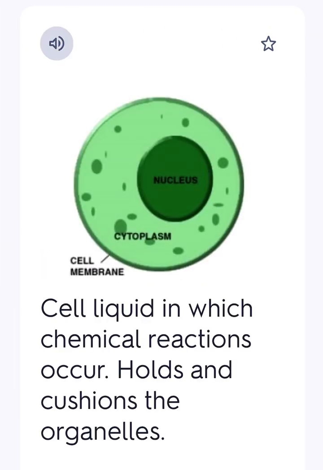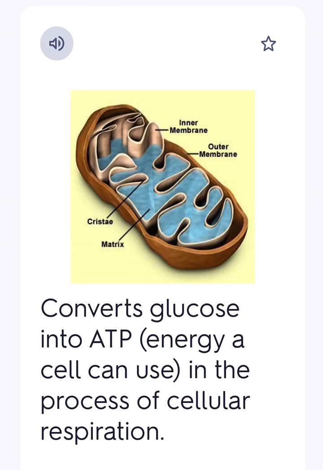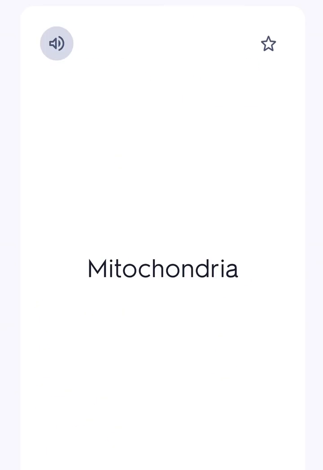Nucleus. Cell liquid in which chemical reactions occur. Holds and cushions the organelles. Cytoplasm/cytosol. Converts glucose into ATP in the process of cellular respiration. Mitochondria.